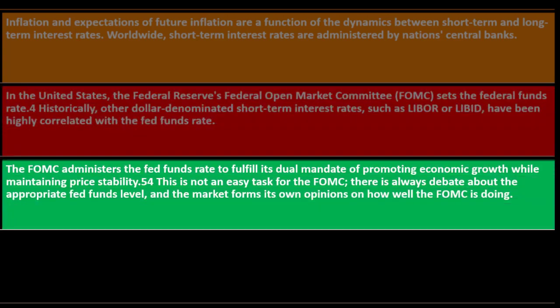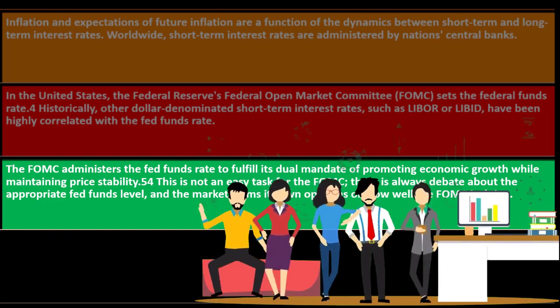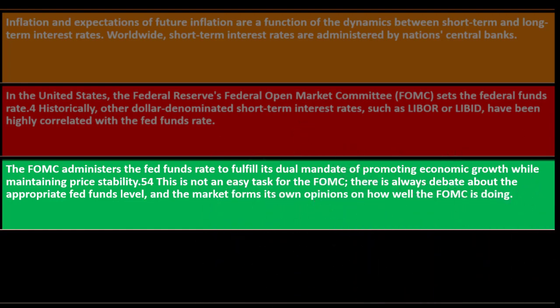So the FOMC administers the Fed funds rate to fulfill its dual mandate of promoting economic growth while maintaining price stability. Note that the mandate used to be just price stability, meaning don't let inflation get out of control and don't get into a situation of deflation. They then added the dual mandate, the two main things now, the other one being employment.